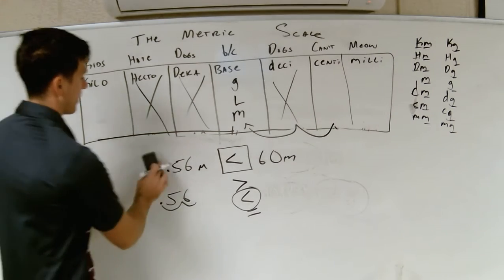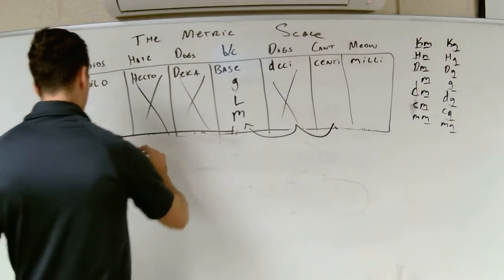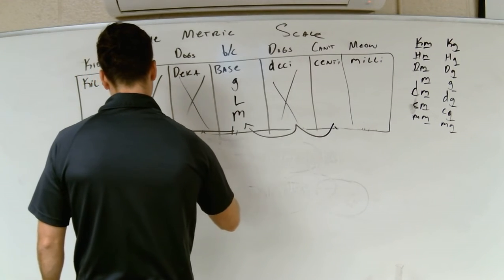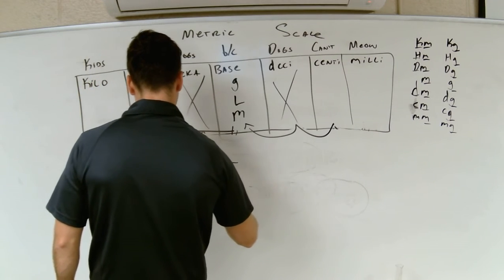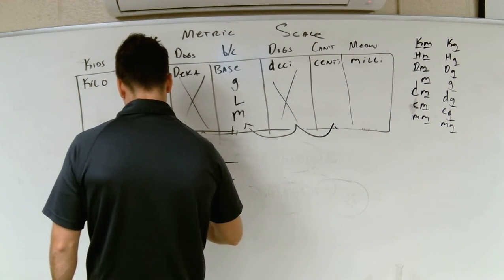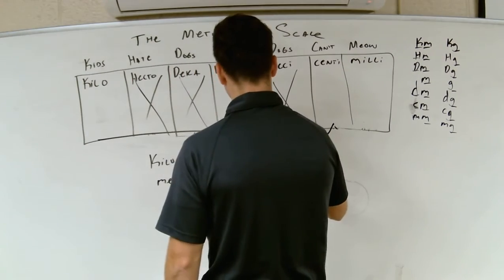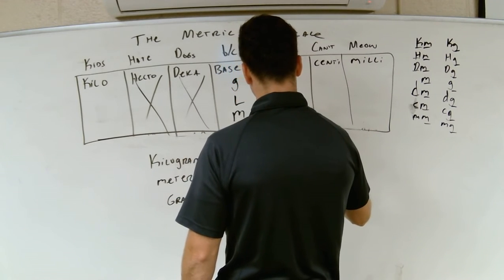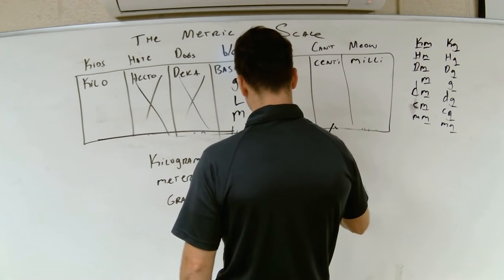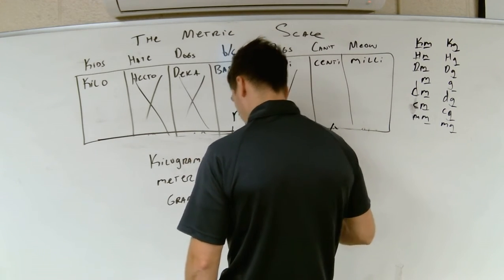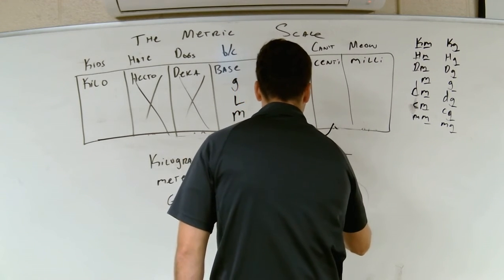Just one more thing. I just want you to know your labels for a couple of these words. We have kilograms, meter, gram, milliliter, millimeter, and I'll give you one more, centimeter.